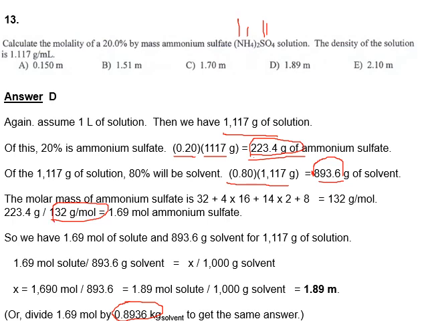And then when you divide how much you have by how much 1 mole weighs, you get 1.69 moles, which is in 0.8936 kilograms. So divide 1.69 moles by 0.8936 kilograms down here, and that will give you your answer. Or you can do it the way I did it here, which is going to give you the same answer.